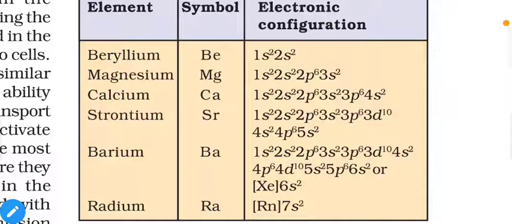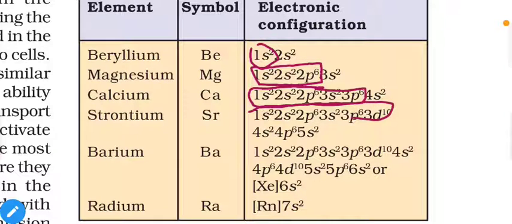As we can see, we have noble gas cores in each of these elements. Here we have 1s2, that means it has a helium core. Then we have 1s2 to 2p6, that means neon. Then 1s2 to 3p6, that means argon core. Then 1s2 to 4p6, that means krypton.